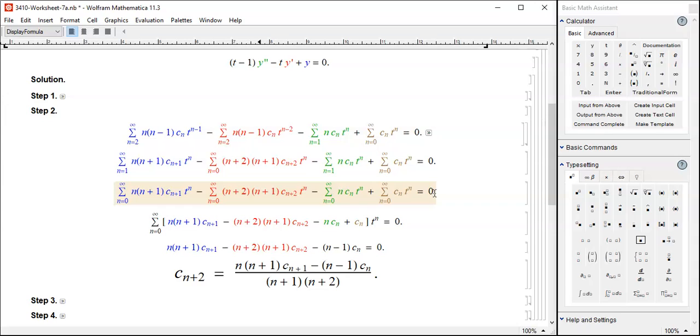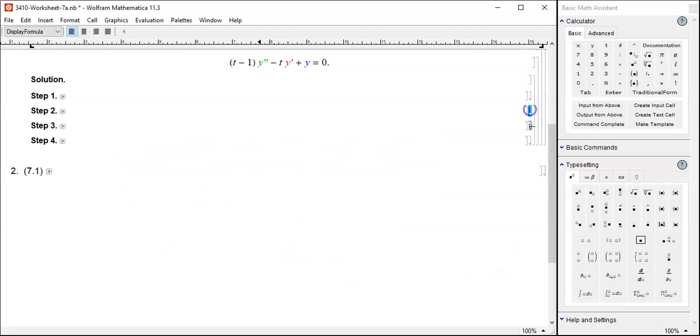No problem there because adding extra 0 doesn't change anything. This is typical for regular singular points. Getting coefficients together, we get the recursive relation, and solving for the most recent term, the C n plus 2 term, you get this recursive relationship. That's where we're going to begin.